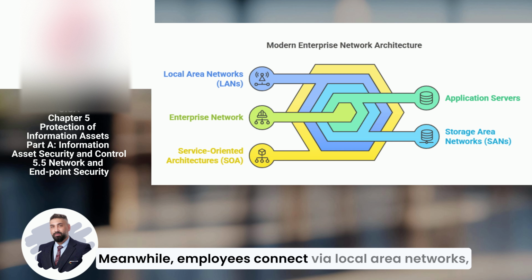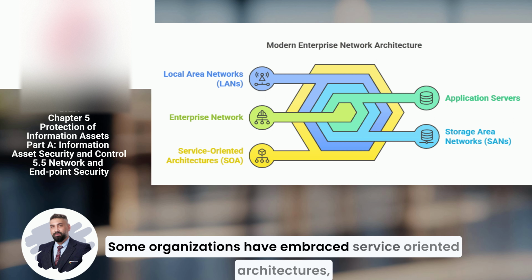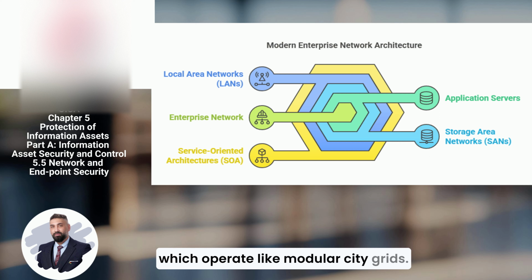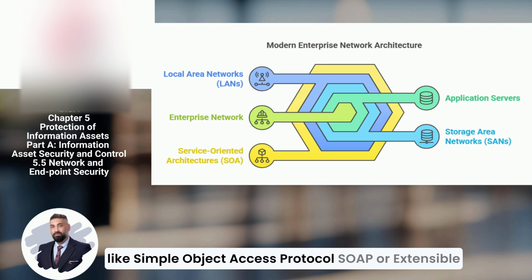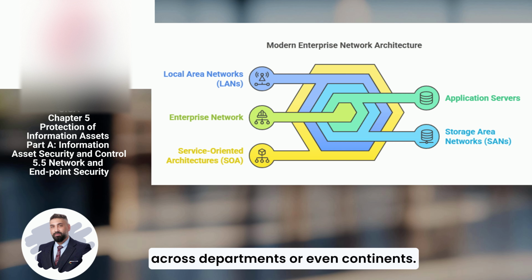Meanwhile, employees connect via local area networks, LANs, tailored to their specific needs. Some organizations have embraced service-oriented architectures, SOA, which operate like modular city grids. Here, different systems communicate using web-based technologies like Simple Object Access Protocol, SOAP, or Extensible Markup Language, XML, enabling information to flow freely across departments or even continents.